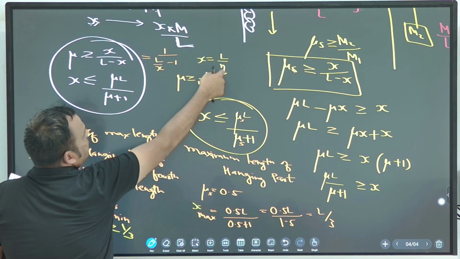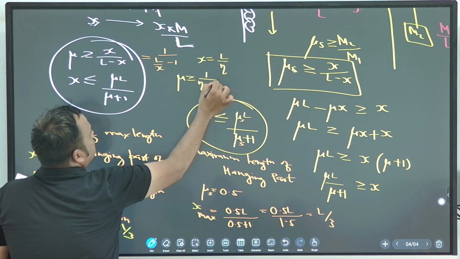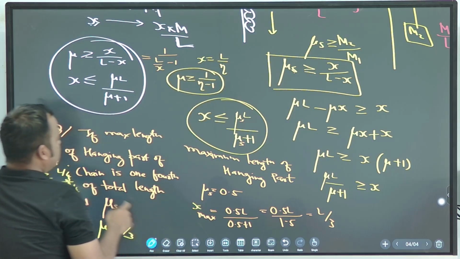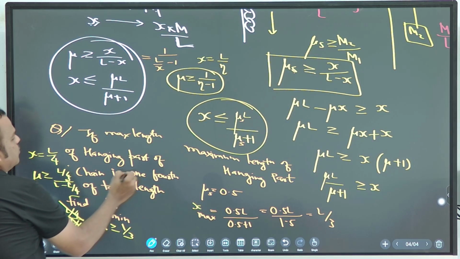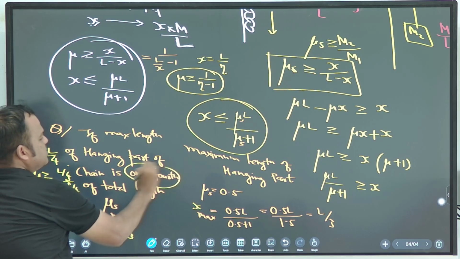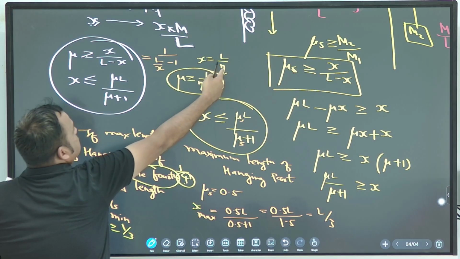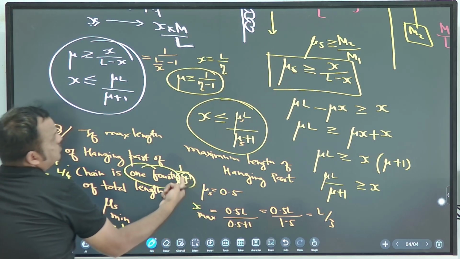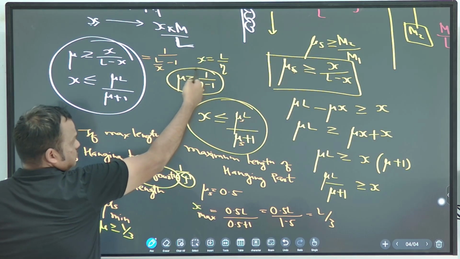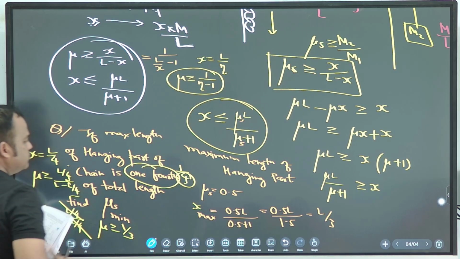L by x will be eta. So 1 upon eta minus 1. So direct formula also you can use. 1/4 means 1 by 4. So what is eta value? 4. So mu value 1 by 4 minus 1.